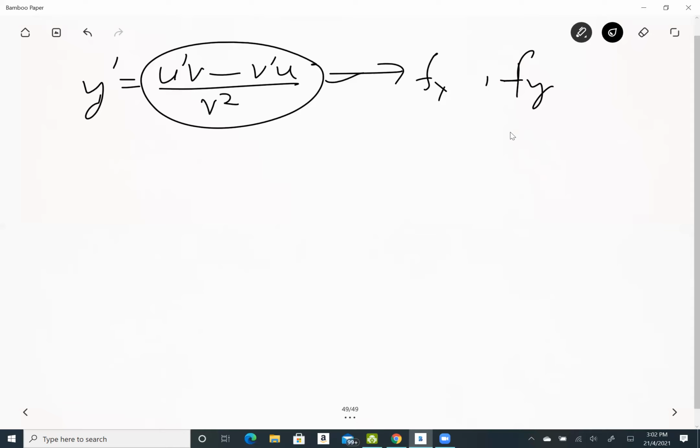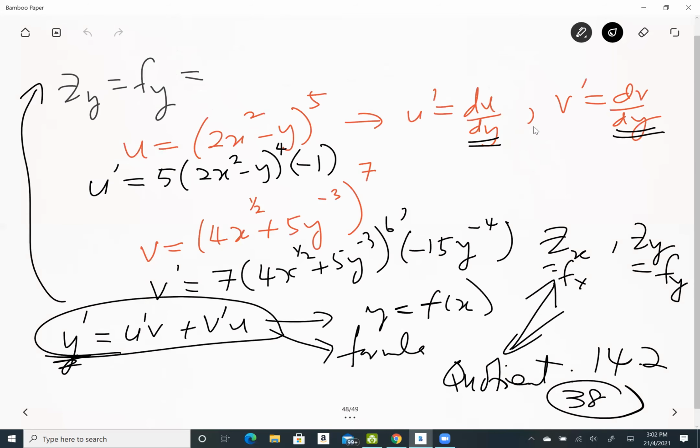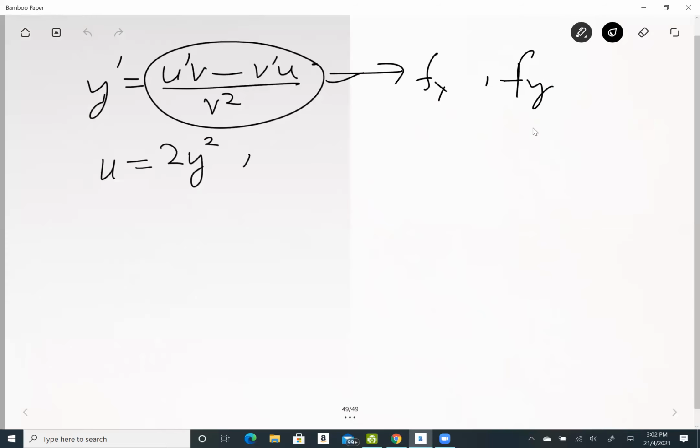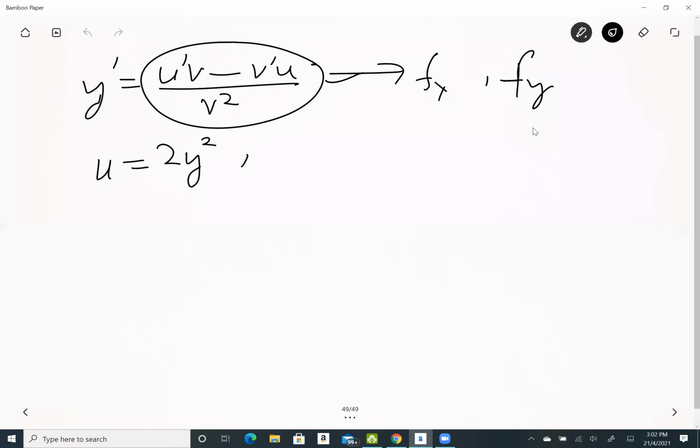Okay, so you let u be the numerator, so it's 2y squared. Now you need u prime. You want to find fx. That u prime is the derivative of u with respect to x, not with respect to y.